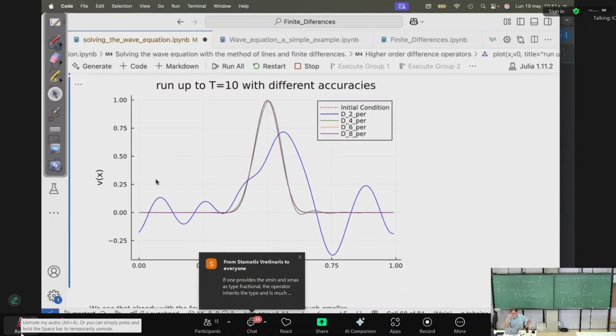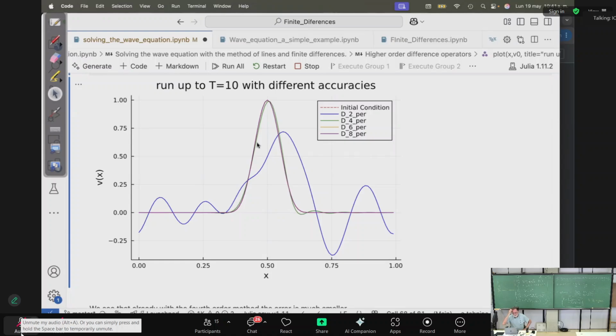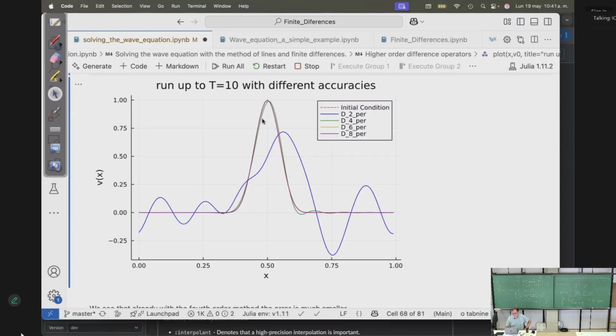And here is the solution. You see with 10 periods, and you see that these ones are very good. The D4, D6, D8 are very good. In fact, the D6 and D8 don't have much difference with the real solution.